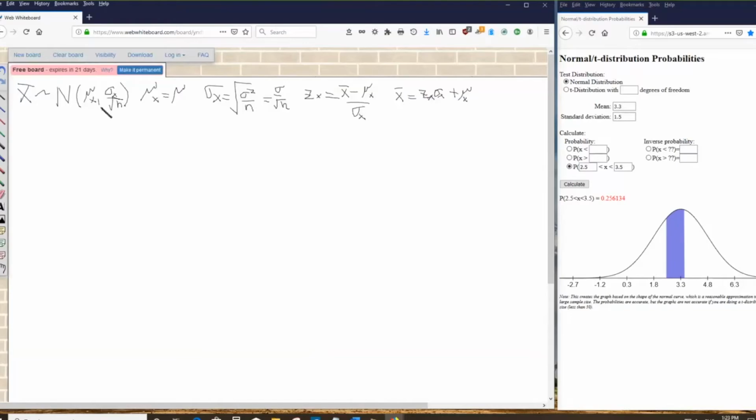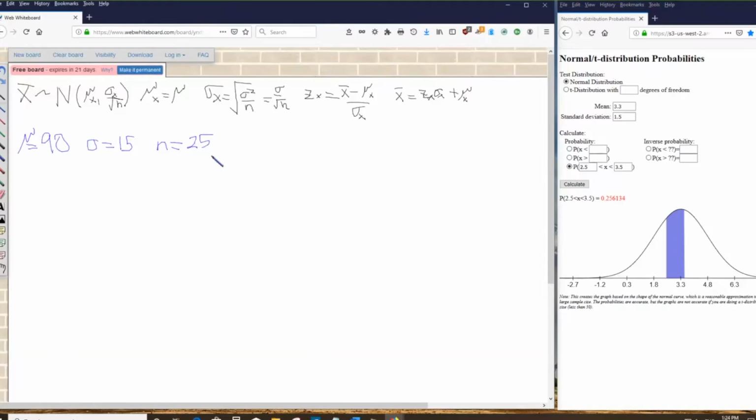Let's do another example. Let's say we're given an unknown distribution. I'm going to do this in a different color to separate it from the formulas. So let's say you're given a mean of 90, a standard deviation of 15, and a sample size of n equals 25, which is drawn randomly from the population.